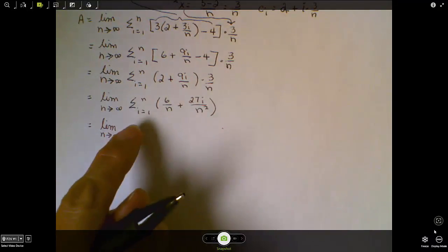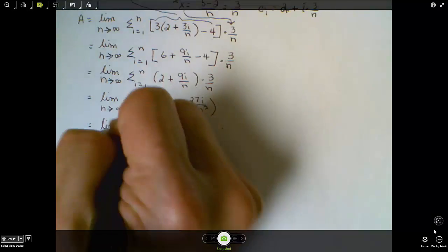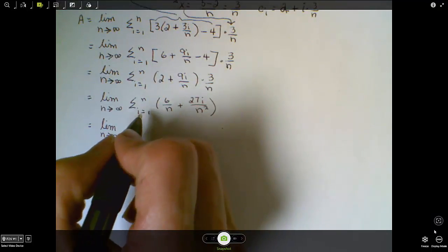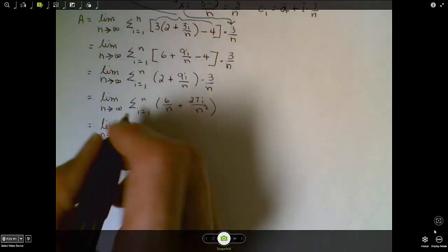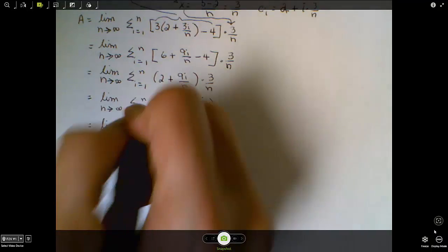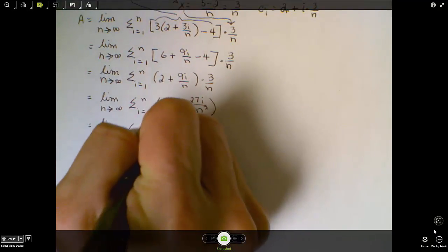I don't need the summation symbol anymore because I'm about to use the summation rules. The summation rule says the sum from i equals 1 to n of a constant. This is a constant. I don't know exactly what it is because I don't know what n is, but the sum of a constant is just the constant times n.